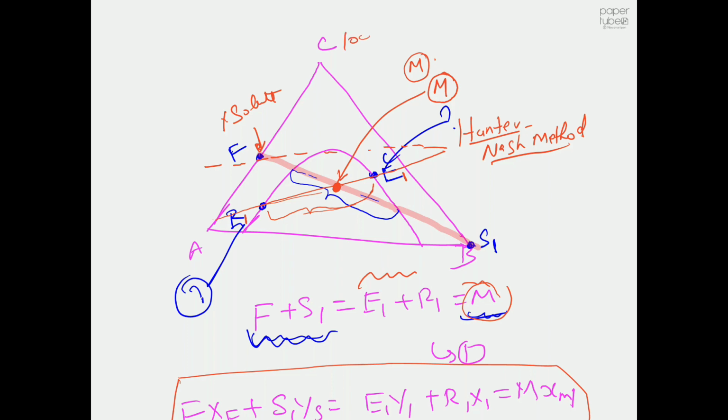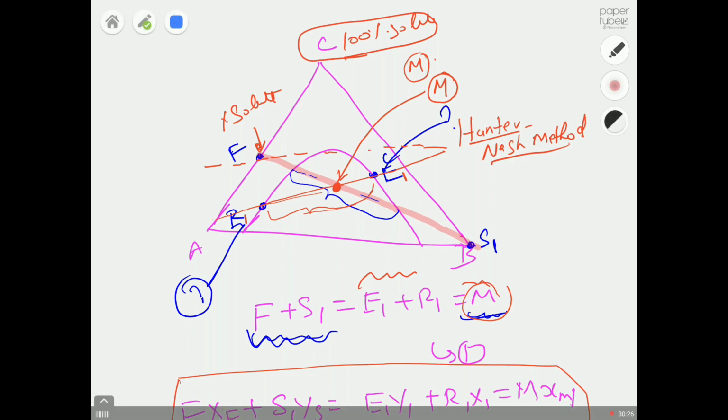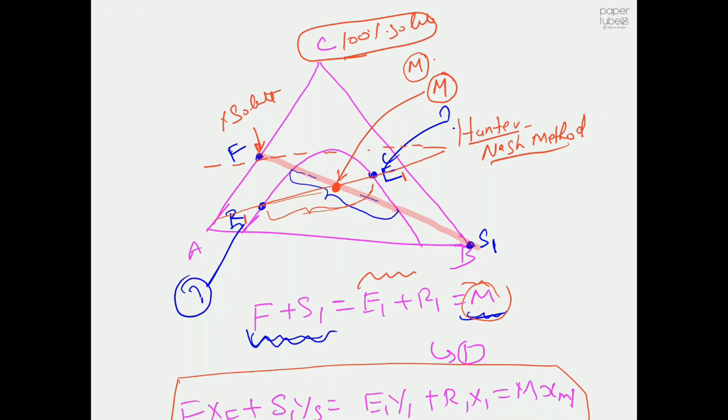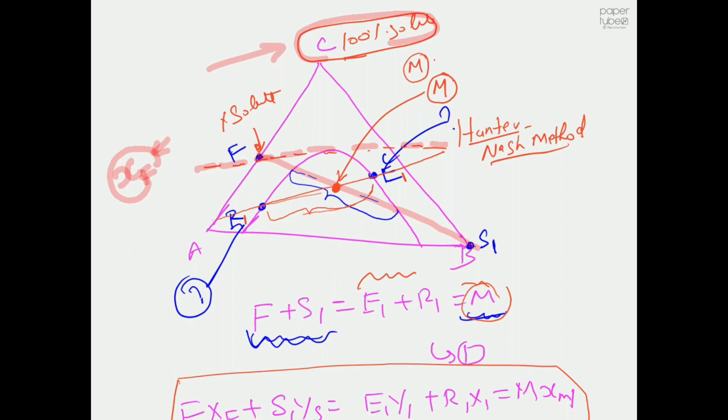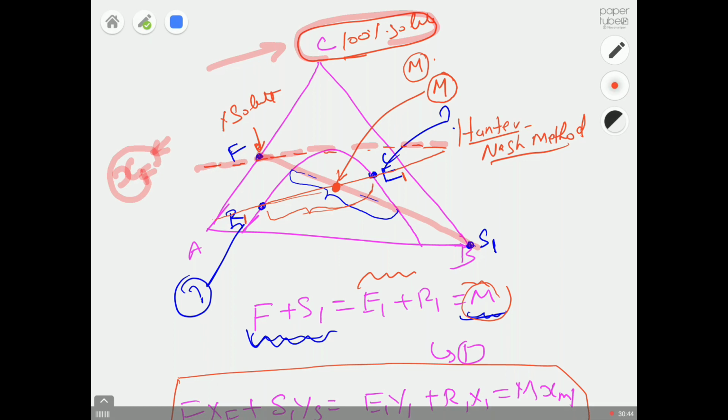This is 100% solute at the top of your triangle. Follow the highlighter. So this is our 100% solute. So this line is our xf line, which is nothing but your percentage solute in feed.